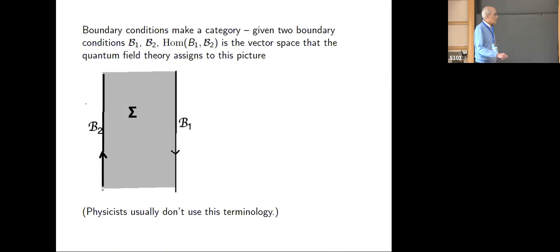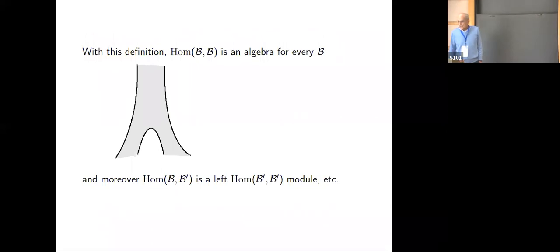Sigma is understood as oriented, and the arrows keep track of that orientation restricted to induced orientations on the boundary. So in this picture, we could then have 1 manifold stretching between the 2 boundaries. And the space of physical states in that situation, we interpret as Hom from B1 to B2 in this category. So with this definition, for example, Hom from B to B is an algebra for every B.